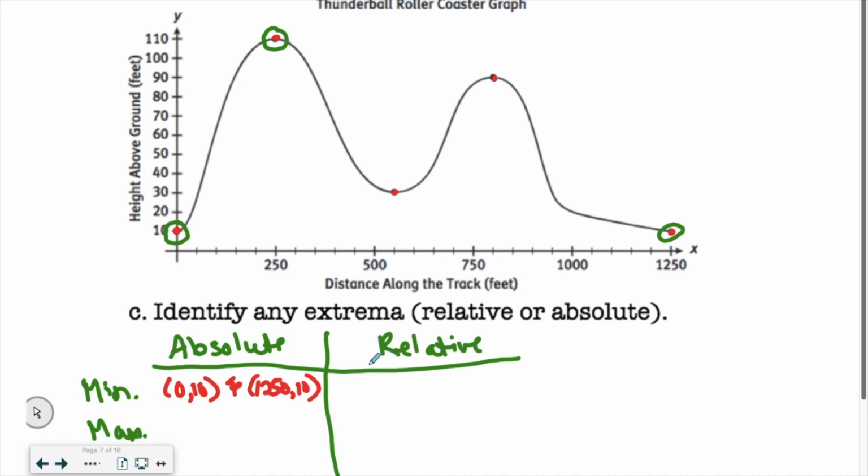And then my relative minimum, which means another minimum but not the lowest one, will be at 550, 30. And my absolute maximum, which is the highest one it will ever go to, is at 250, 110.